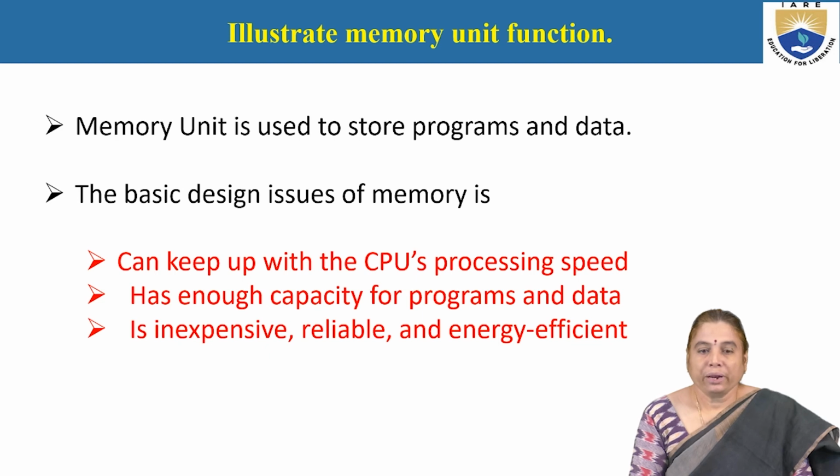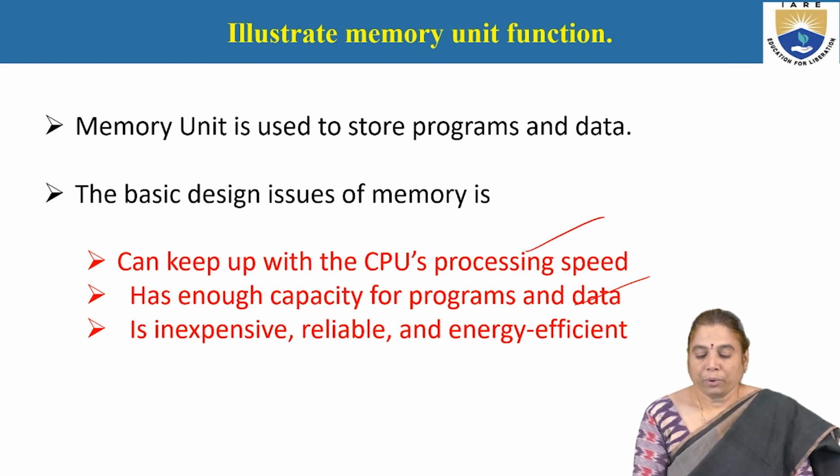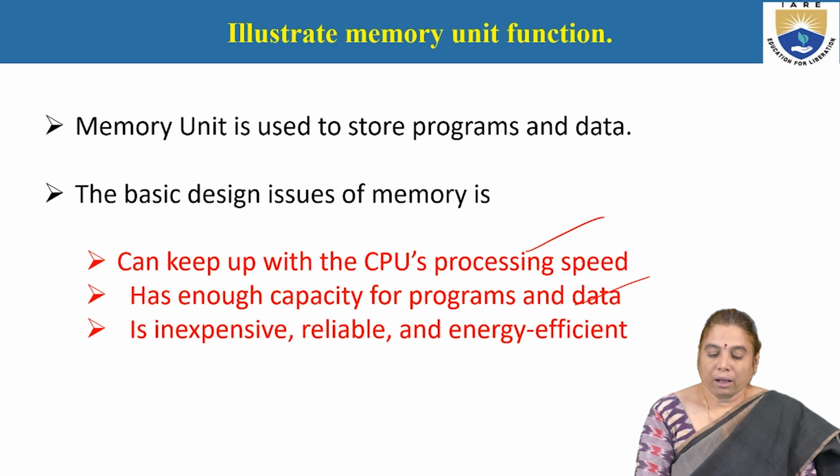Illustrate memory unit function. Memory unit is used to store the program and data. The basic design issues of the memory are how CPU processing speed can be affected, the storage capacity of the programs and data, and how inexpensive, reliable and energy efficient memory can be constructed.